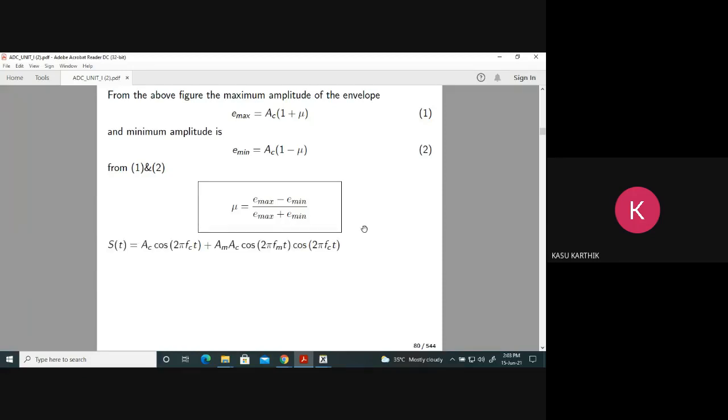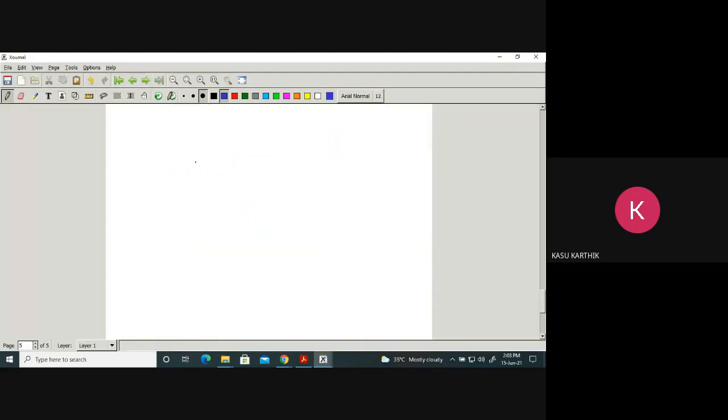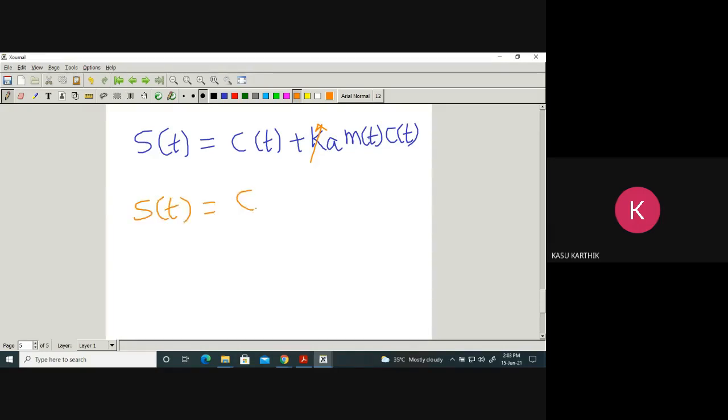Now there is one more formula, which is a little bit different. Actually, what we have written is the equation of AM. If you remember properly, we wrote c of t plus Ka into m of t into c of t. Now suppose there is no Ka, as generally happens: s of t equals c of t plus m of t into c of t.